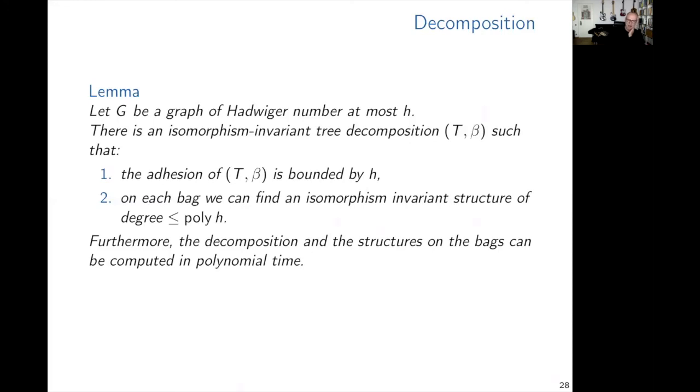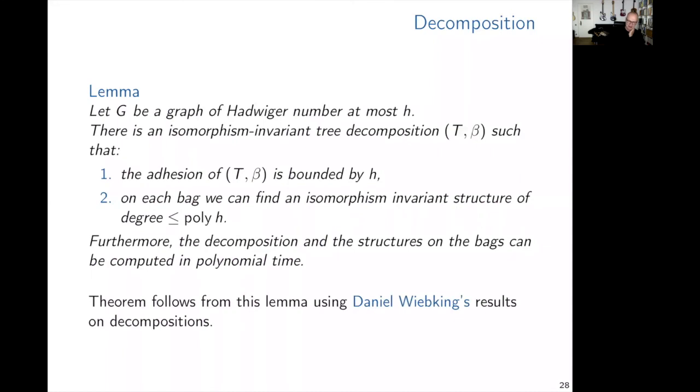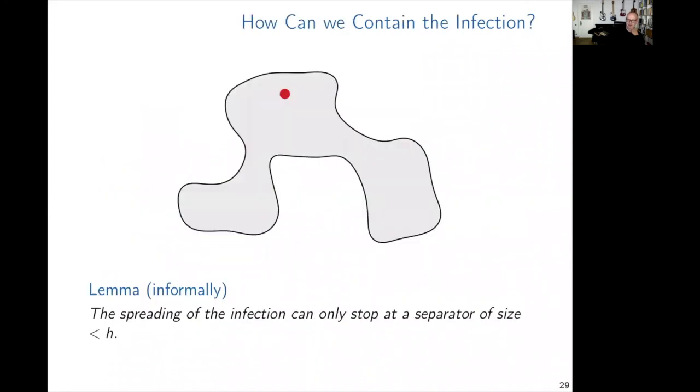And once we have proved this, we can use Daniel Wiebking's decomposition results to prove the theorem. Okay, so we need to get this decomposition. How do we get this? Well, we use this idea of spreading an infection. And if we reach the whole graph, we somehow know we win.